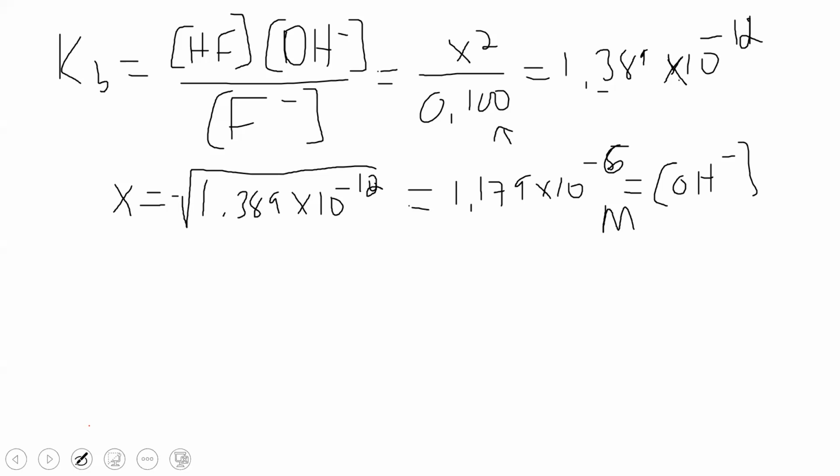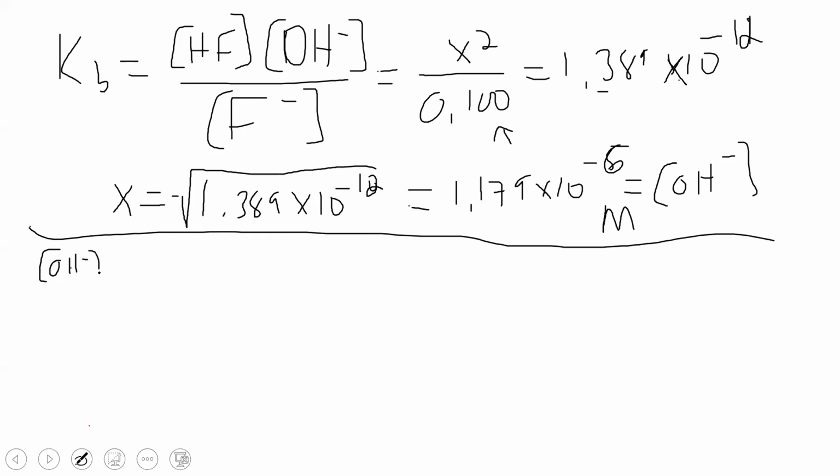So then we can just take that, and we can check our assumptions, okay? And so for this one, notice this is a value that is bigger than 10 to the minus 6 by a tiny, teeny bit. If we check the concentration of hydroxide from the autoionization of water, hopefully it's so much smaller than the concentration of hydroxide from fluoride, right?